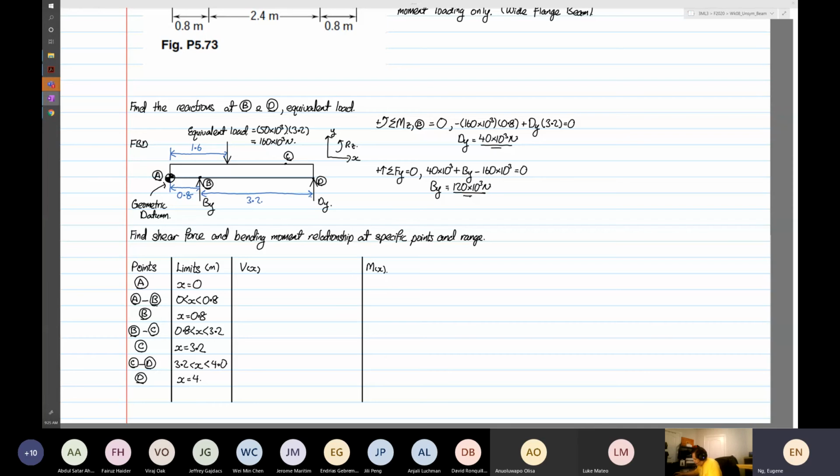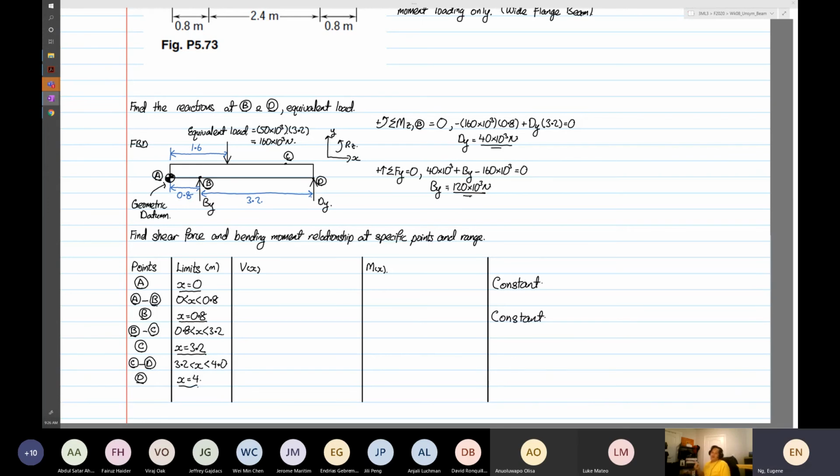Now, a thing to take note of, and this is important, a lot of times students get confused. This is foundation. No doubt you don't see it now, but in later chapters you're going to see the effect. Whenever x is a specific number, so x is equal to 0.8, x is equal to 3.2, x is equal to 4, your shear force and bending moment will be a constant. Why is it a constant? It is at a specific location.